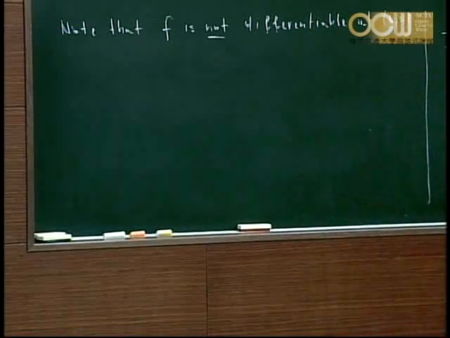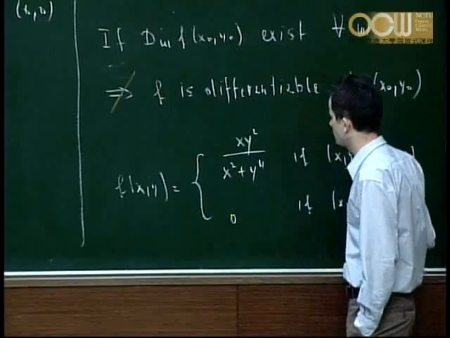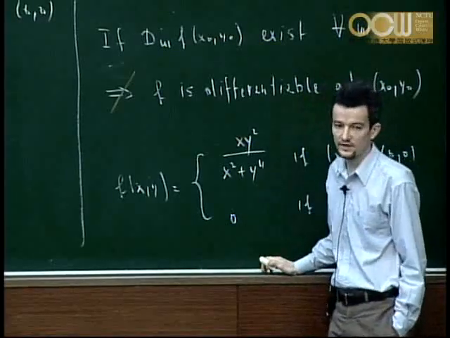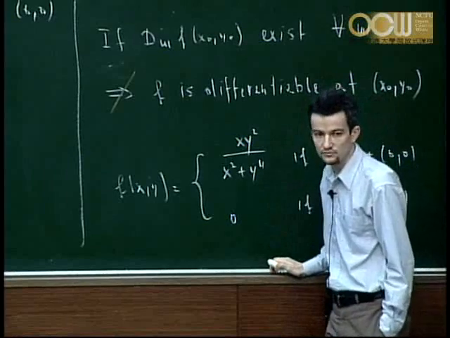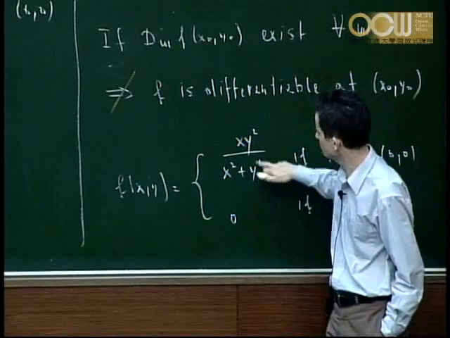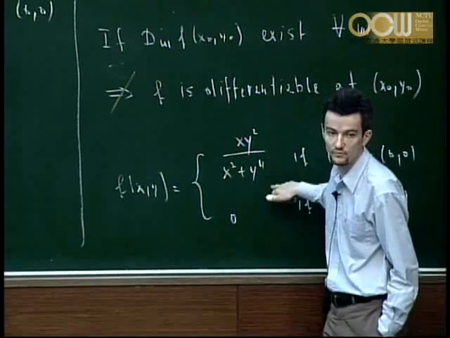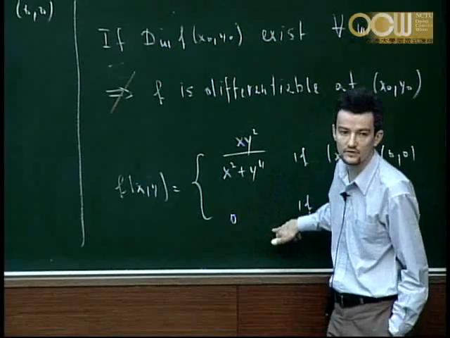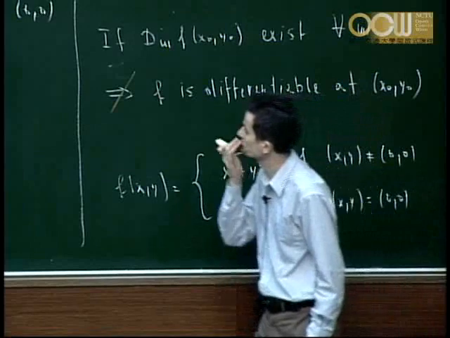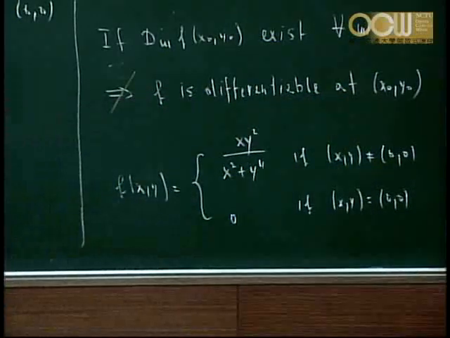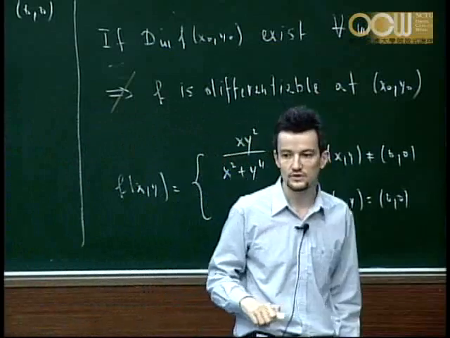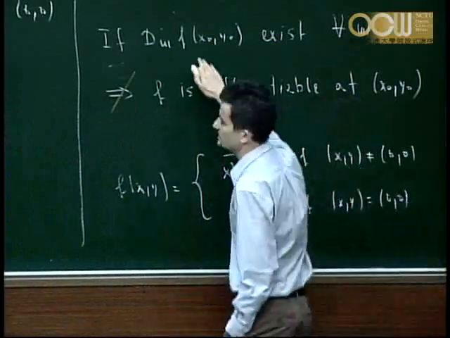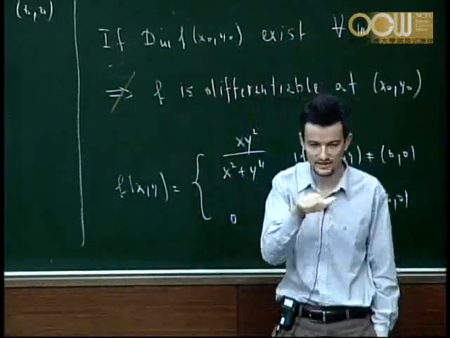We discussed this example before: if you approach 0, 0 along the parabola x equals y squared, and plug in x equals y squared, you always have 1/2, whereas the limit should be 0. So the function is not continuous at 0, 0, and therefore also not differentiable at 0, 0. So if you want to compute directional derivatives here, you're not allowed to first compute the gradient.